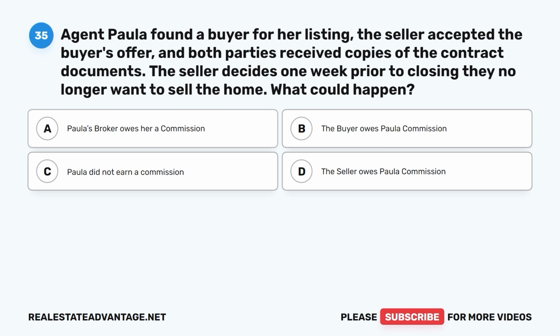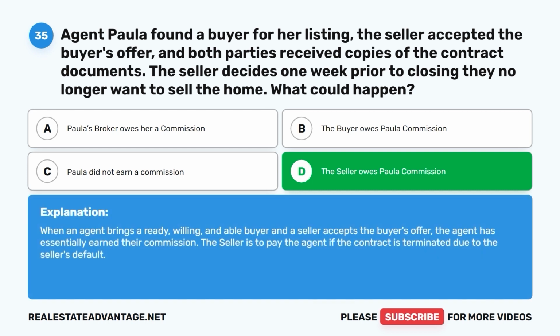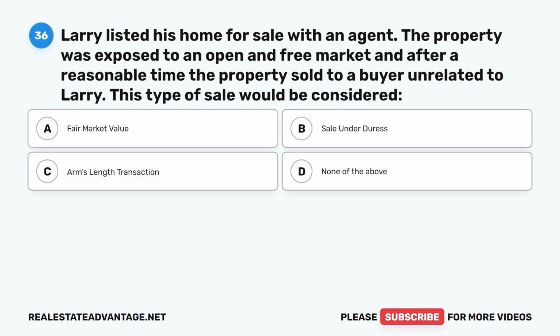D. The seller owes Paula commission. The correct answer is D. The seller owes Paula commission. When an agent brings a ready, willing, and able buyer and a seller accepts the buyer's offer, the agent has essentially earned their commission. The seller is to pay the agent if the contract is terminated due to the seller's default.